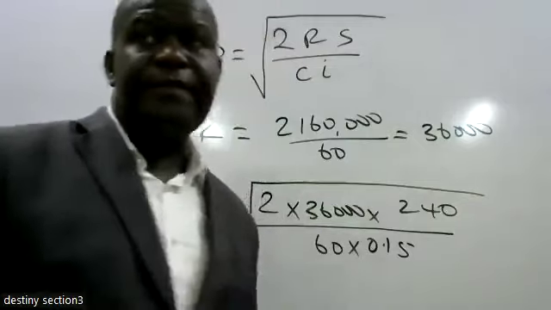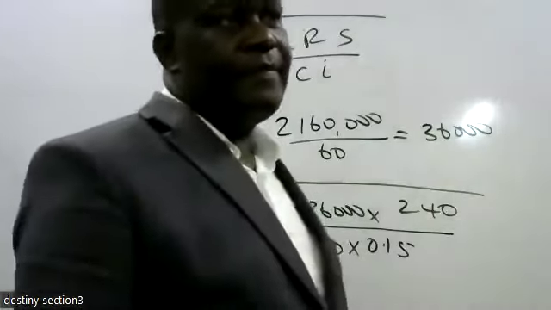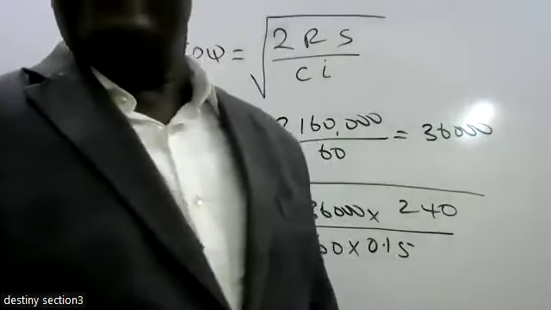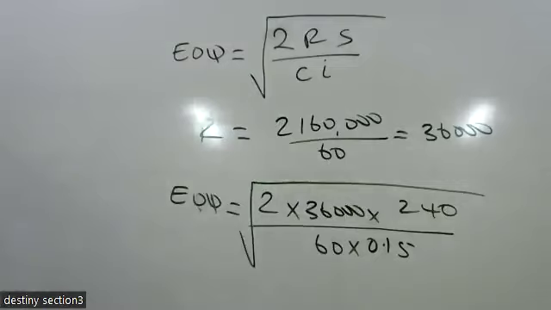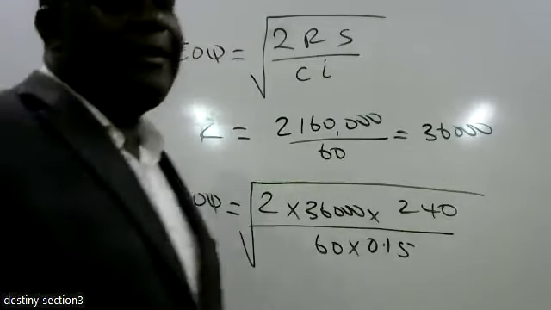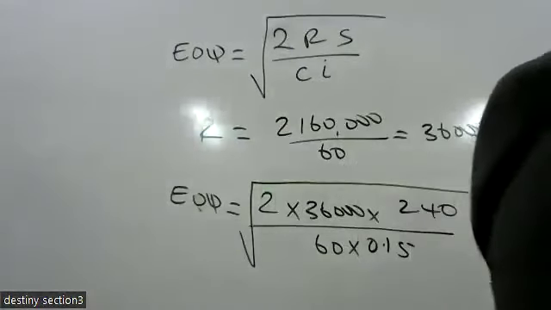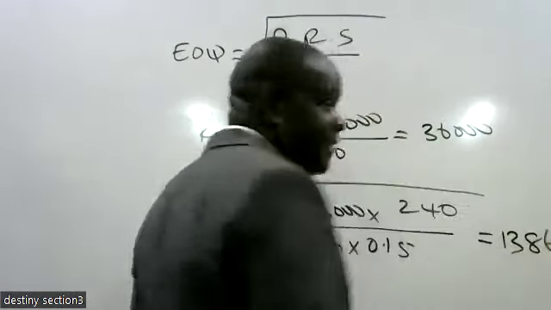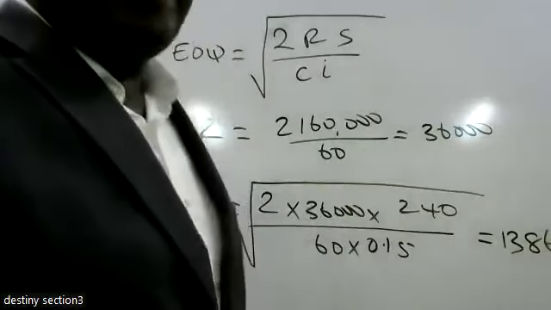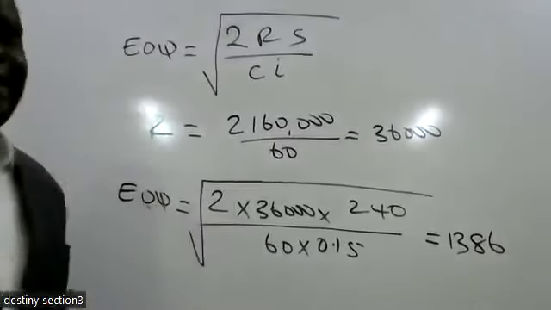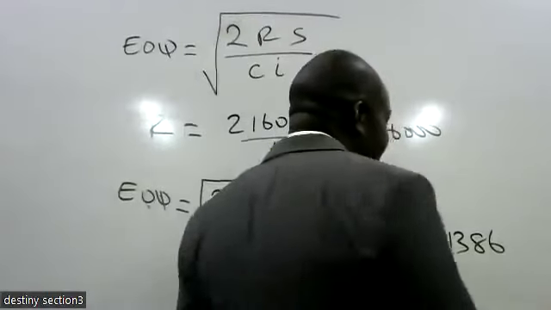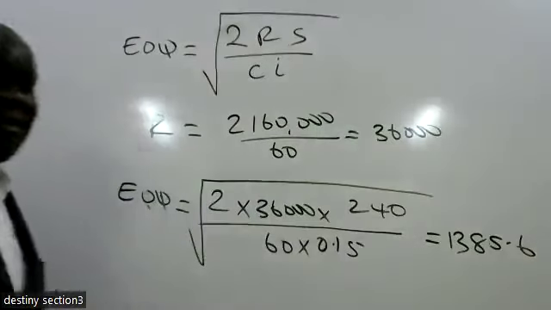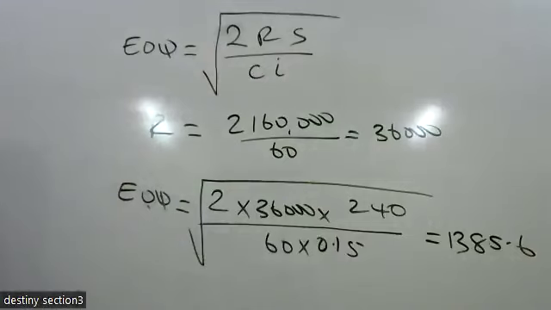You are getting how many units? 13,856 point something. So that will be the economic order quantity in units.